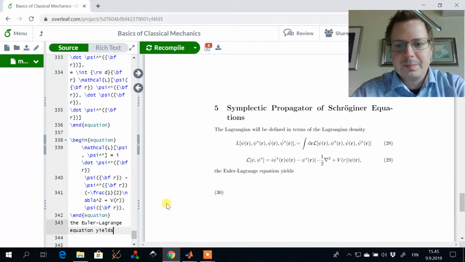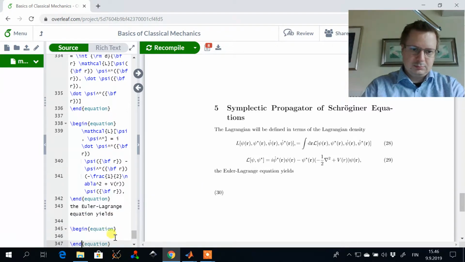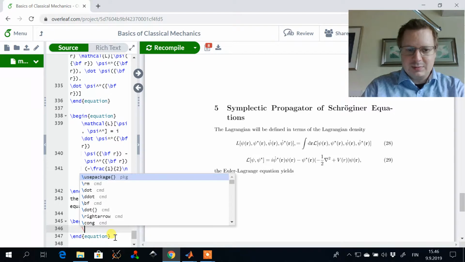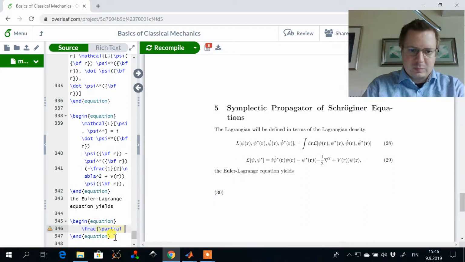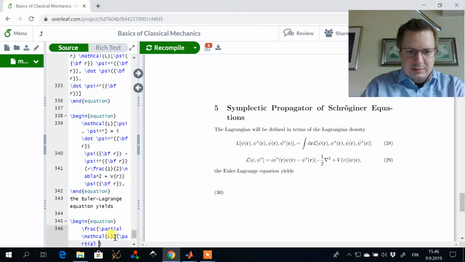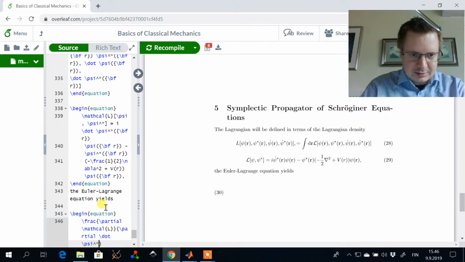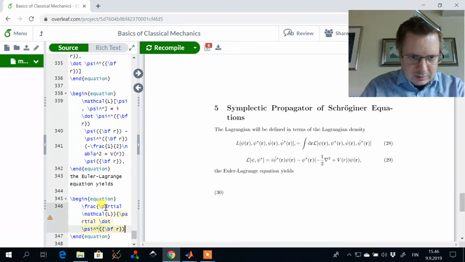So we have something like the partial of L with respect to dot psi star, like so.